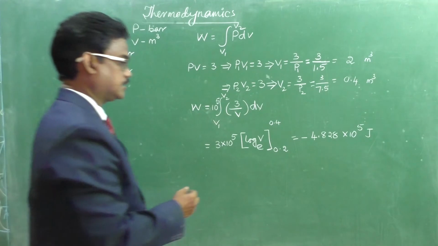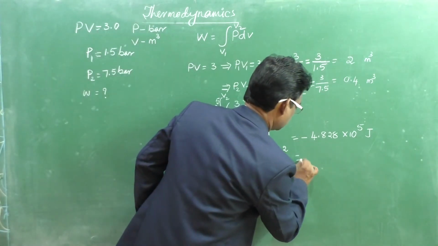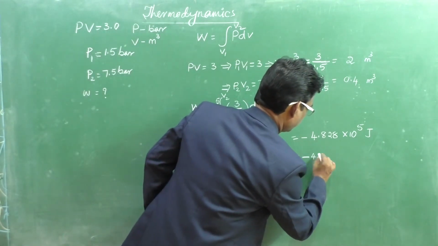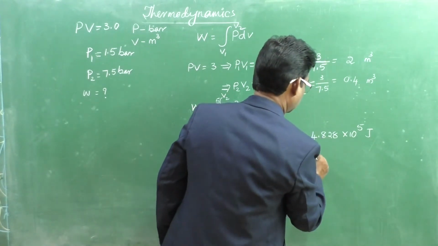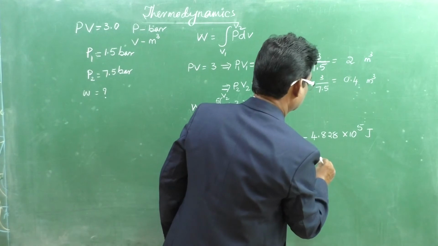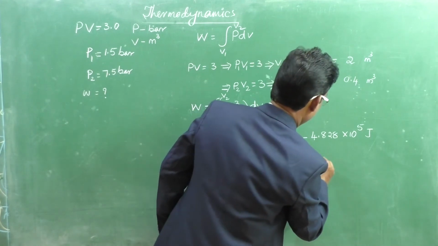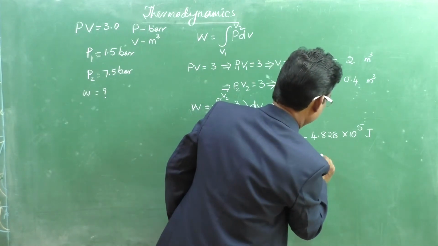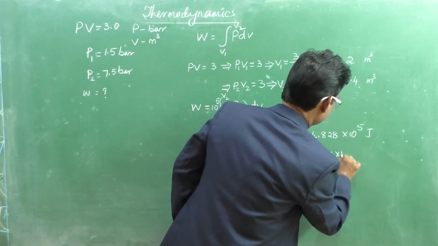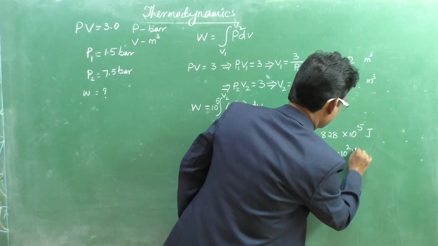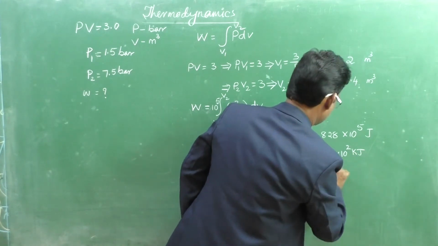We can write it in kilojoules as minus 4.828 into 10 square kilojoules.